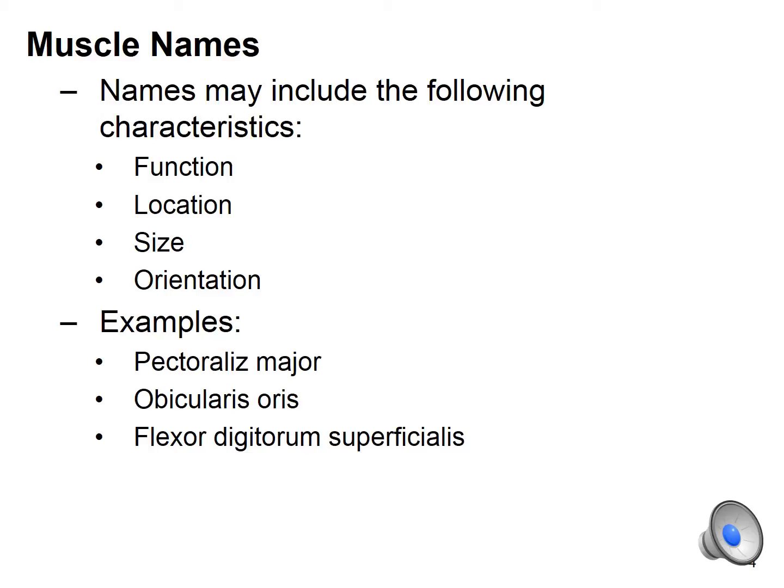Digitorum referring to your digits. And then superficialis, meaning it's going to be more superficial than some of the other muscles. So flexor digitorum superficialis is really helping us to get a sense of its function. And that name is pretty helpful in understanding what that muscle does, even before we see the muscle.